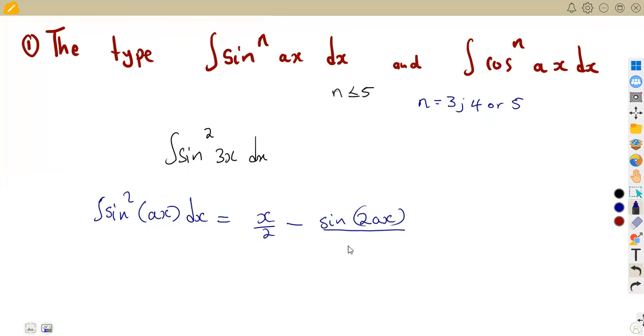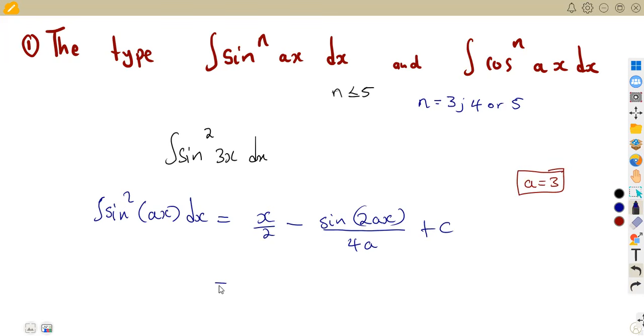So if I'm asked to integrate sine squared 3x, I'm just substituting what a is here. The part representing ax in this case is 3x, so a is equal to 3. Wherever we see a, we are going to substitute 3.